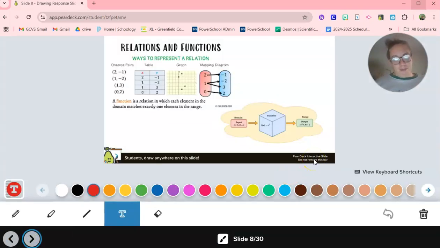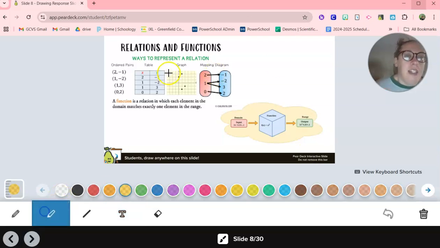Slide 8. So again, here's an example of a relation and the 4 different ways that we're representing it. So you could think of this relation of ordered pairs. There's 4 points. Great. We can put those 4 points in a table.